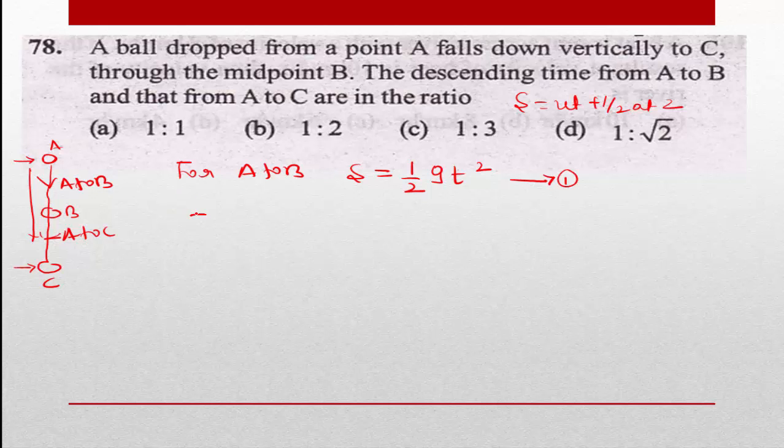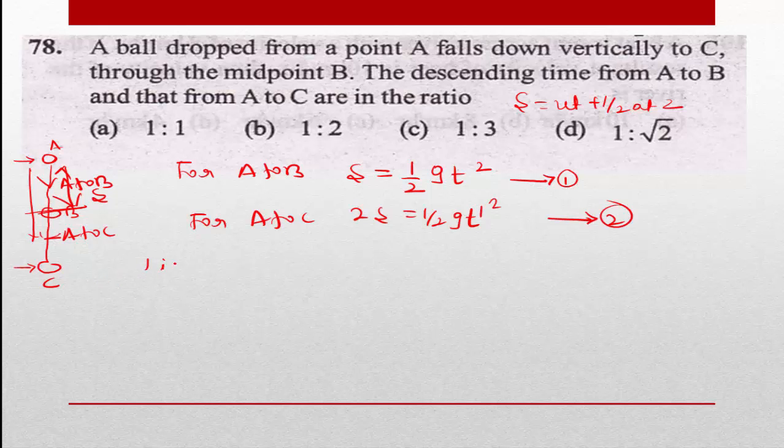And for A to C, B is the midpoint. The distance covered by the body from A to B is s, and A to C is 2s. A to C: 2s is equal to 1 by 2 g into t dash whole square. Equation number 2.